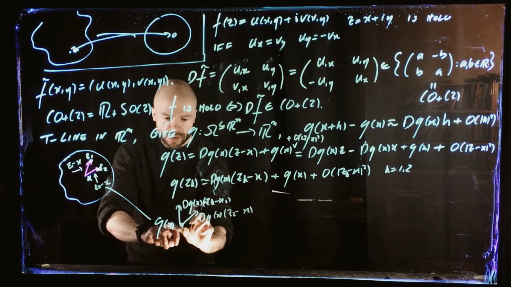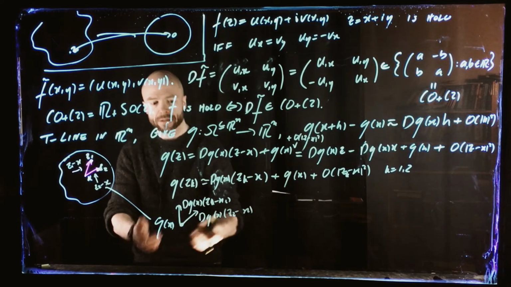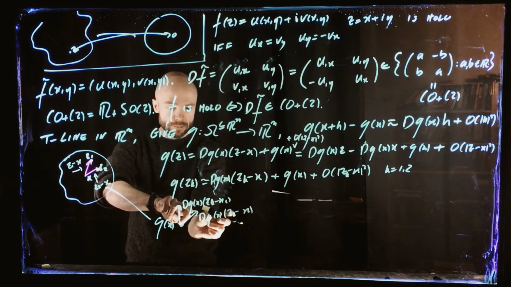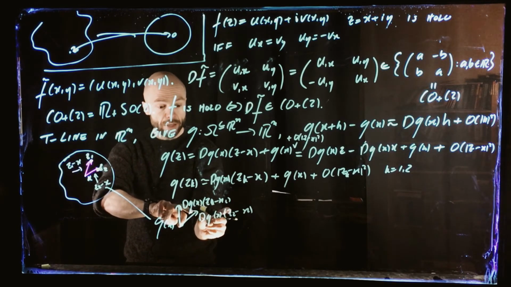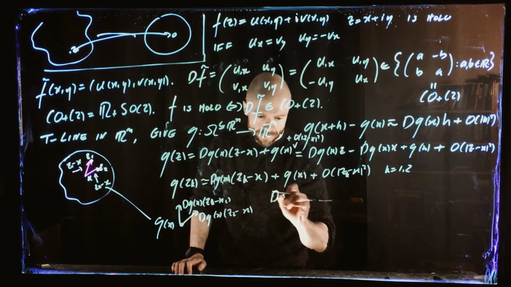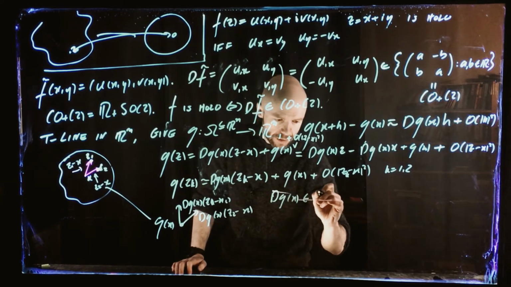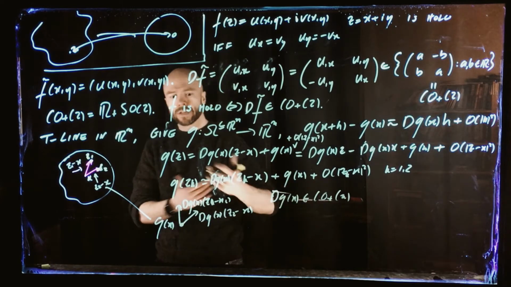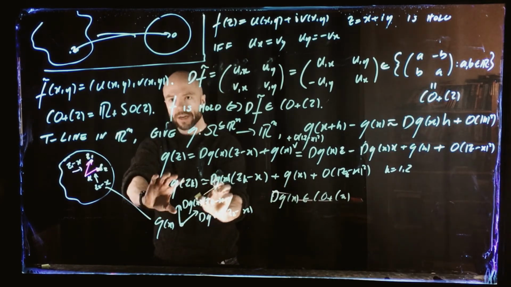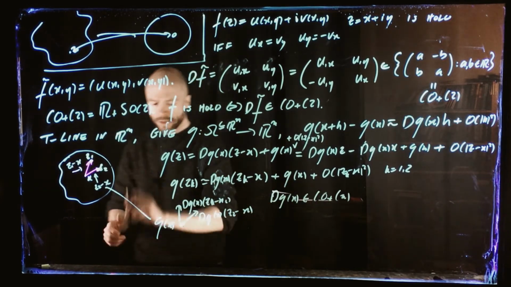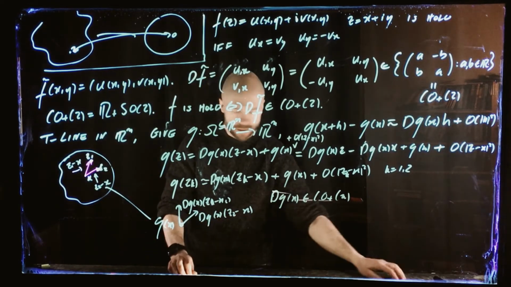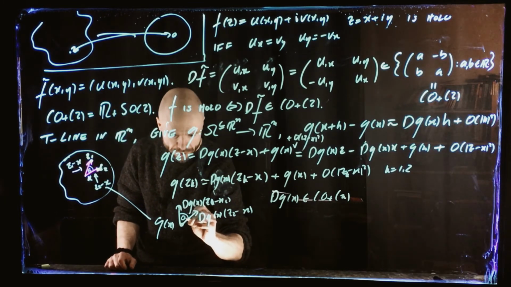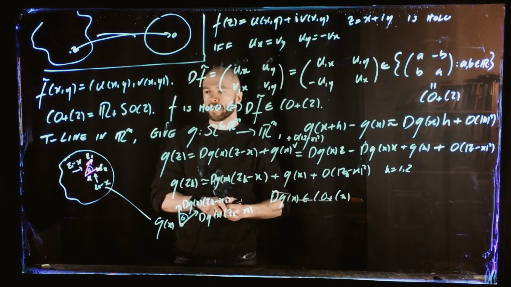In particular, the vectors coming out from this point, G of x, will have the same angle between them because they are acted on by the same matrix, which is inside the conformal matrices, and is therefore just a rotation times a scaling. So these vectors might be elongated or shrunk, but the angle between them will be preserved. If this is the angle theta in whatever n dimensions, then the angle between these vectors is preserved.